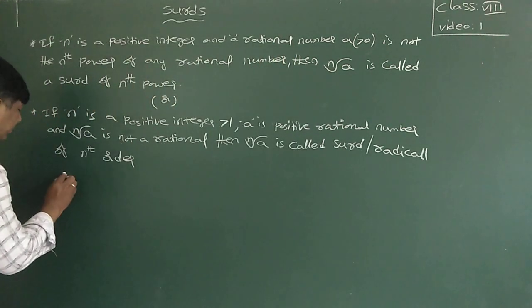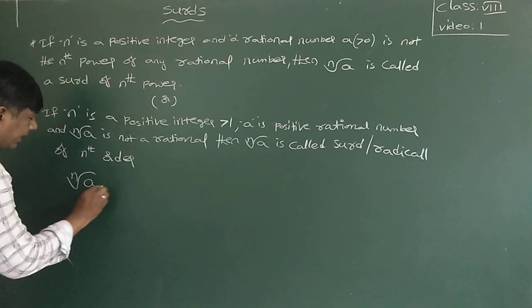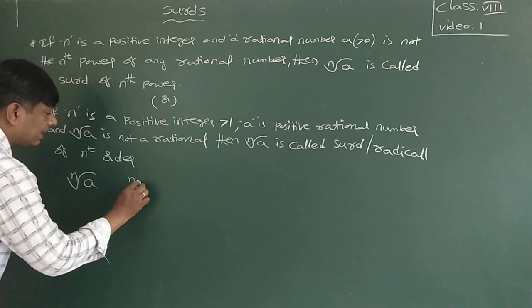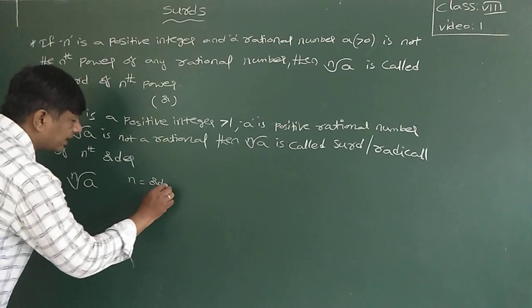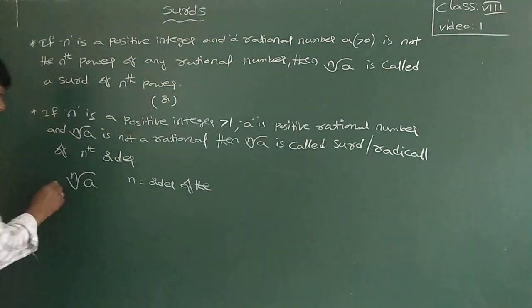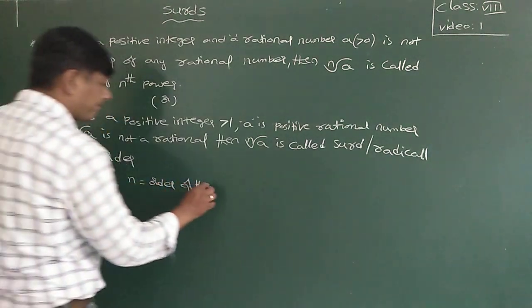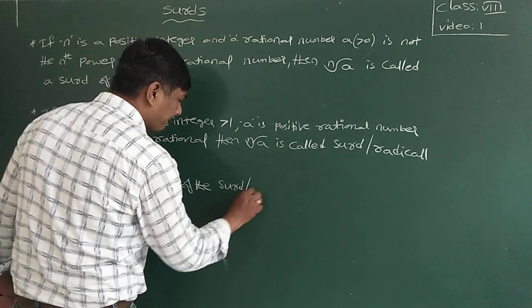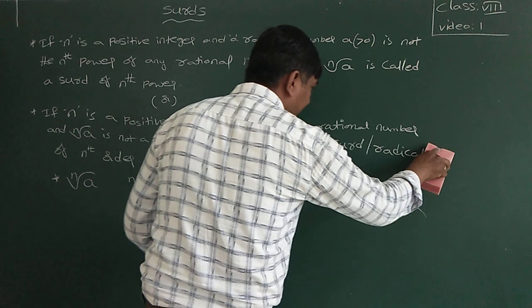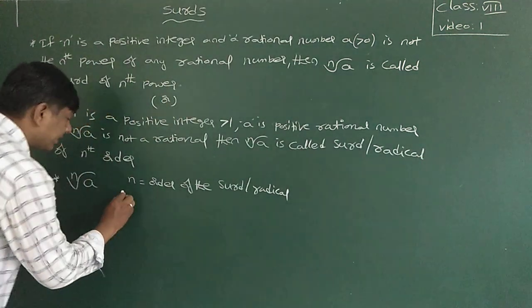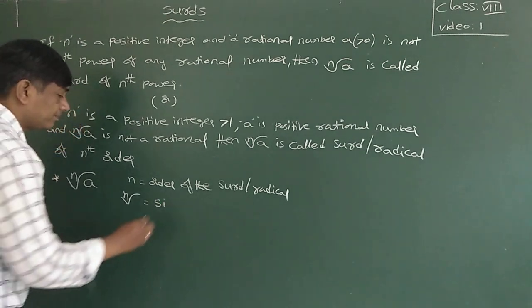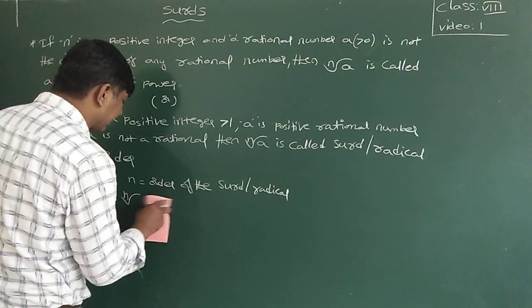Now, in this nth root of a, n is called the order of the surd or radical. The nth root symbol is the radical sign.